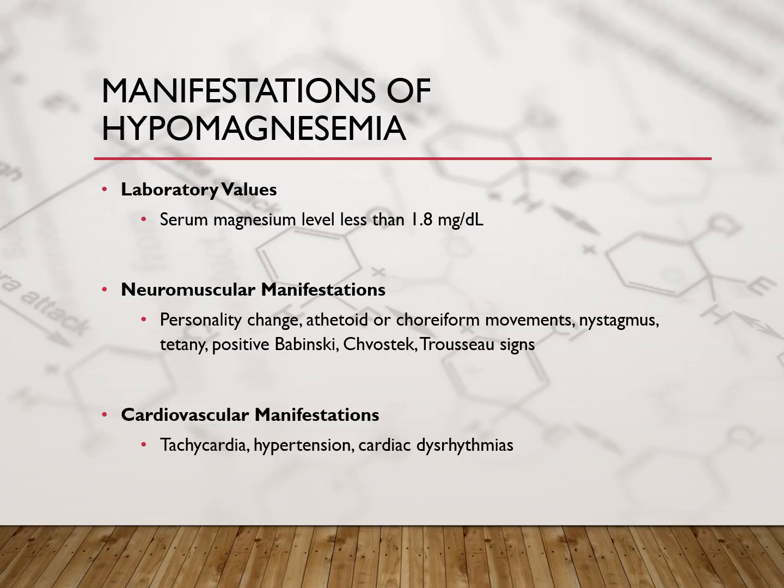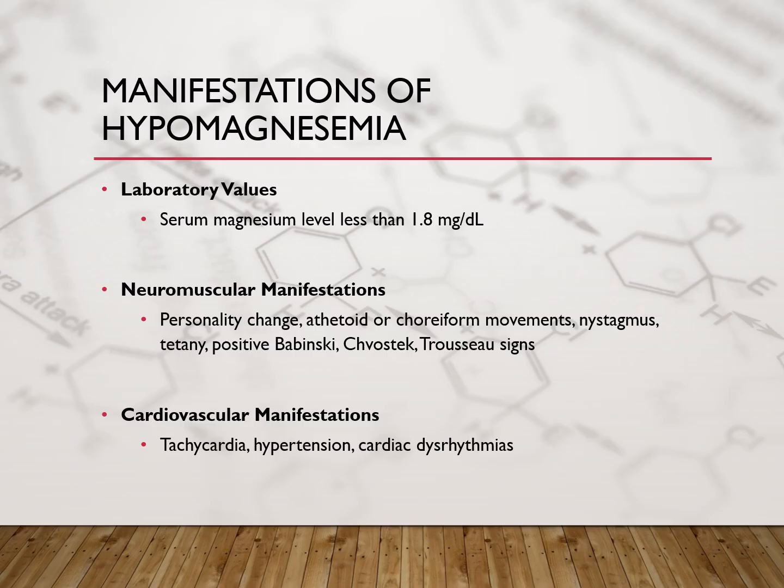There's also a co-occurrence of hypokalemia and hypocalcemia in hypomag patients. They often all happen together. So a lot of the time, the signs and symptoms that we see are the co-mingling of those three things happening at one time.